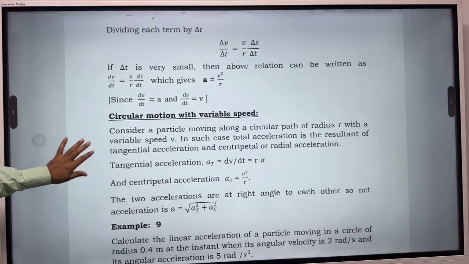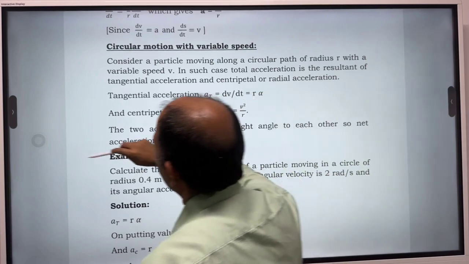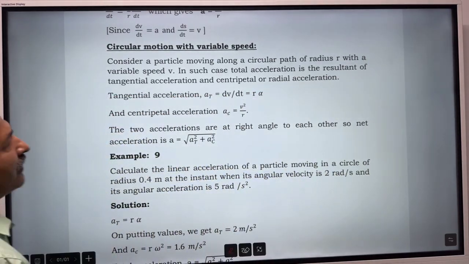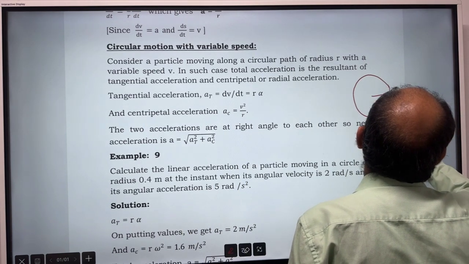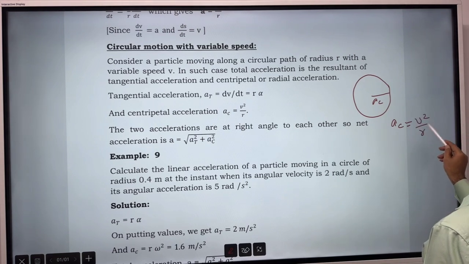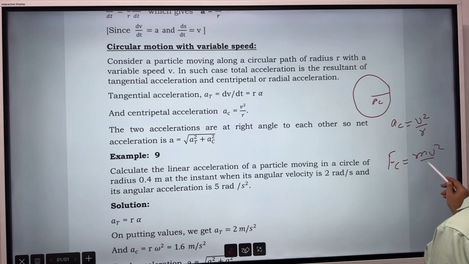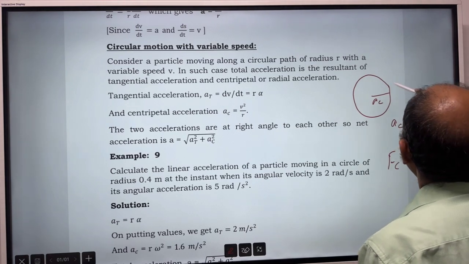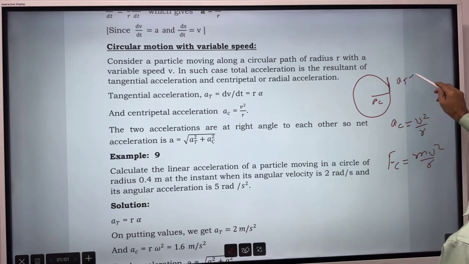Now if speed is changing, then in circular motion we consider two types of acceleration. One is centripetal, so AC is V square upon R, because if you remember, the centripetal force FC is mv square upon R. So AC will be V square upon R. Another acceleration is in this direction, the tangential acceleration, and that will be dV upon dt.